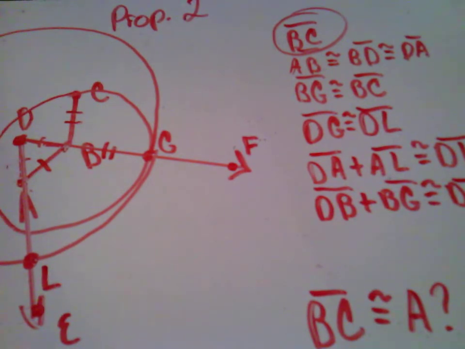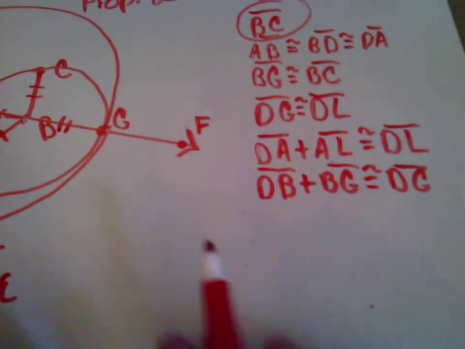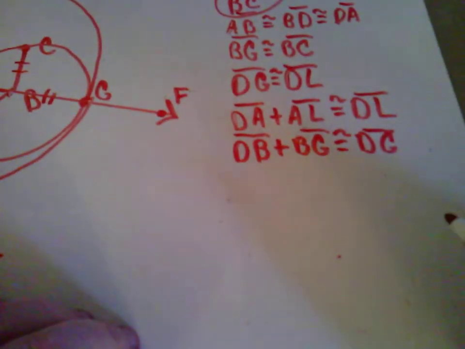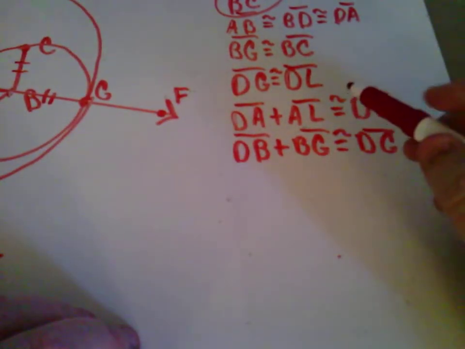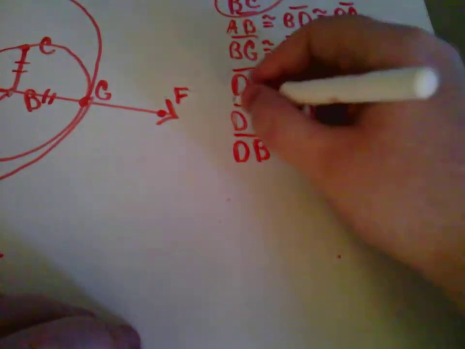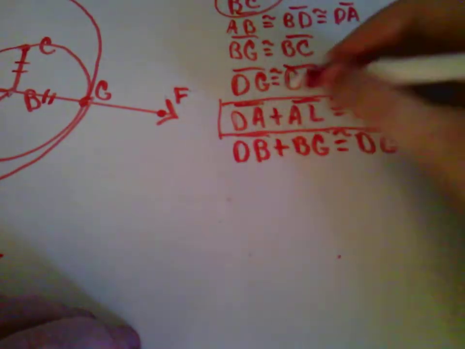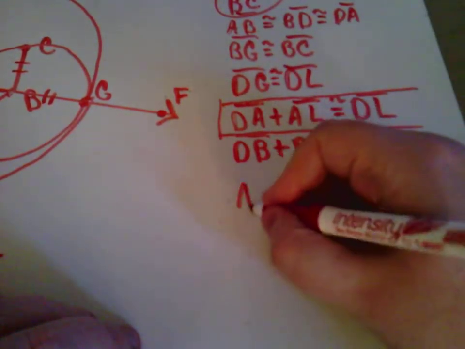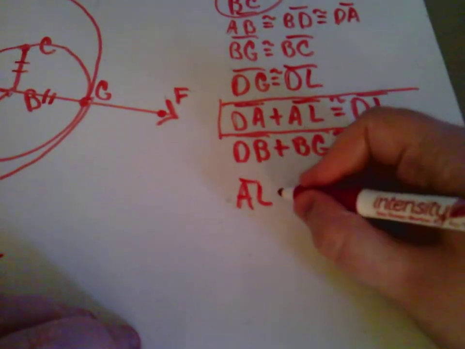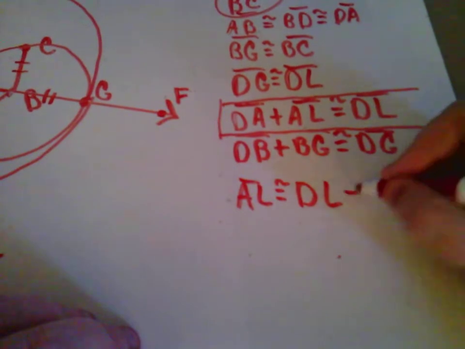Let's rearrange things here a little bit. Let's use our basic laws of algebra and start doing some stuff. Give myself some more room. How about, well, AL, let's subtract DA from both sides of this part here. It'll be more apparent in a second why, but if we subtract DA from both sides, we have AL is congruent to DL minus DA.